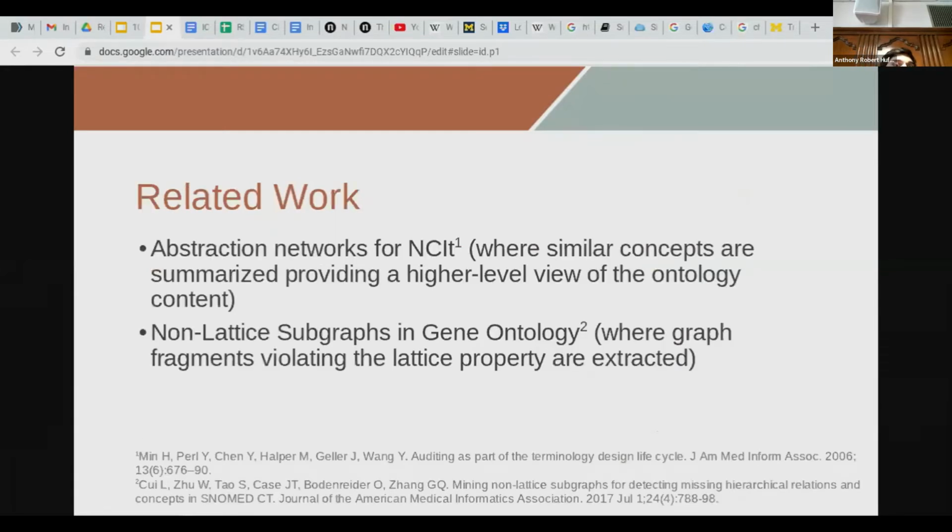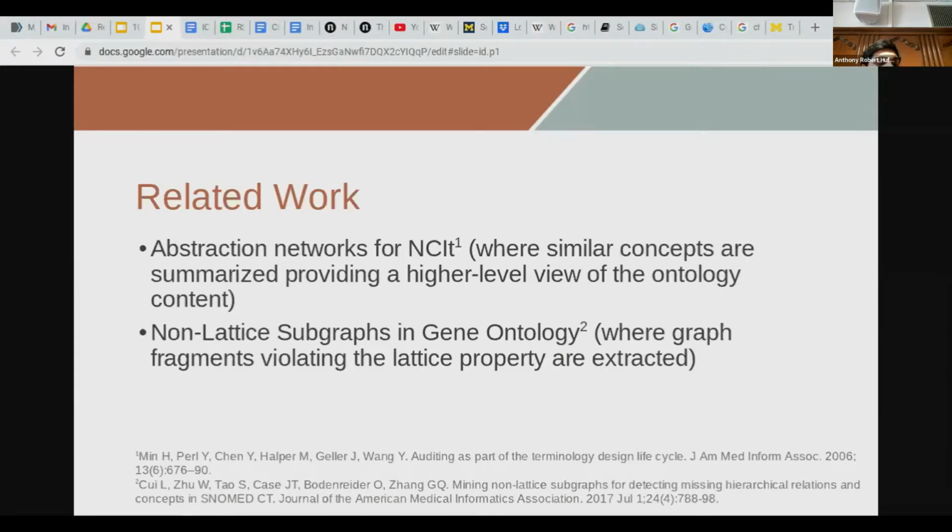Related work that has been done in terms of quality assurance for ontologies is abstraction networks, where we try to abstract the ontology at a higher level and try to identify locations of where erroneous concepts are.